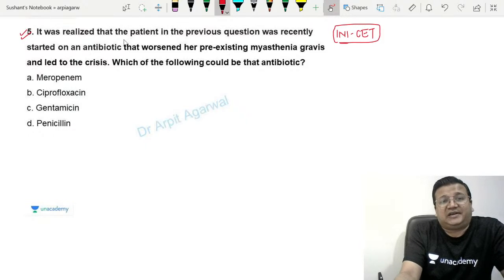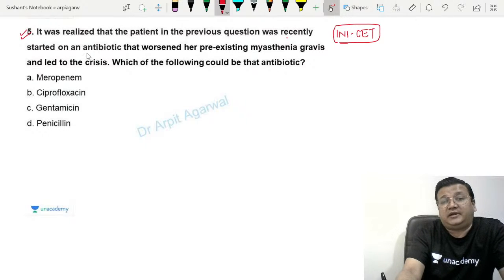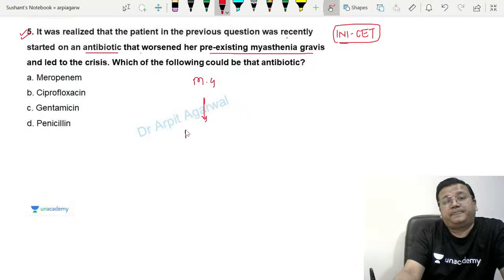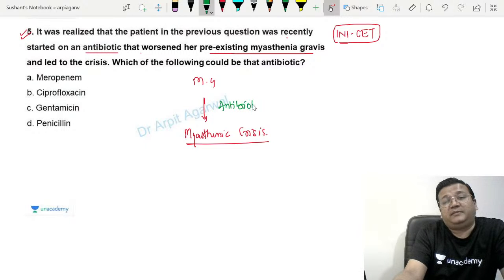Next question, it was realized that the patient in the previous question was recently started on an antibiotic that worsened her pre-existing myasthenia gravis. So her myasthenia gravis converted into myasthenic crisis, a sudden emergency, because the question is saying she was started on some antibiotic. So she was given some antibiotic and post that her condition worsened.